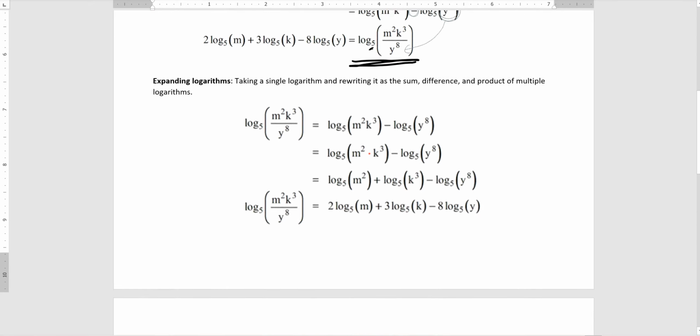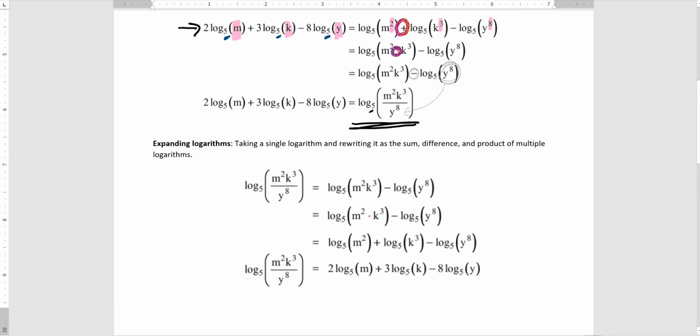Now check out expanding logarithms. It's the same idea, but we're going backwards. If they ask us to expand, we want to split it into as many logarithms as appropriate. We start with this, where you're dividing by y to the 8th. That's the same as subtracting: dividing by y to the 8th becomes subtracting log base 5 of y to the 8th.